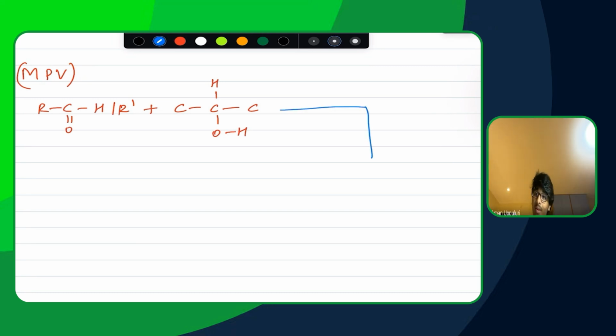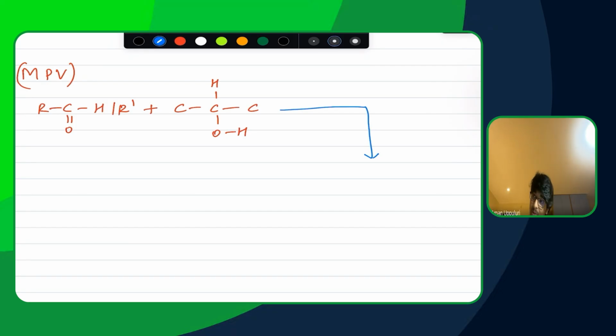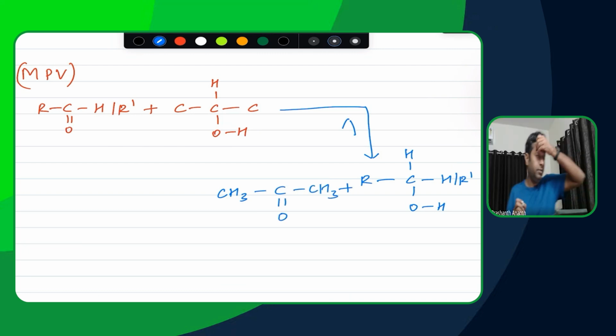A secondary alcohol, RCH(OH)R, plus this, CH3 C double bond O CH3. Yeah, that. Right? Yes, sir. That's it.